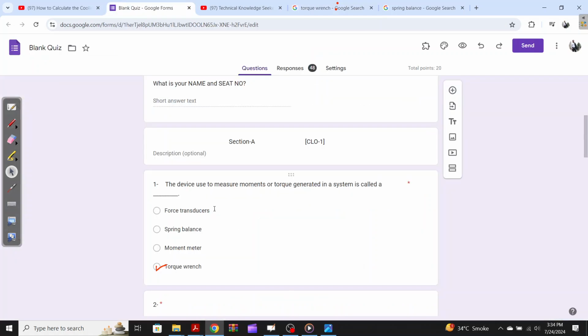What if I ask you which device is used to measure force? If you are asked to measure force in a system, what device will you use? You will use a spring balance.